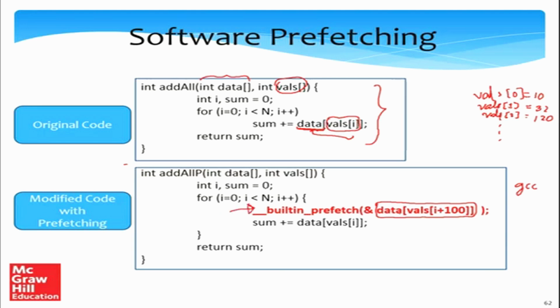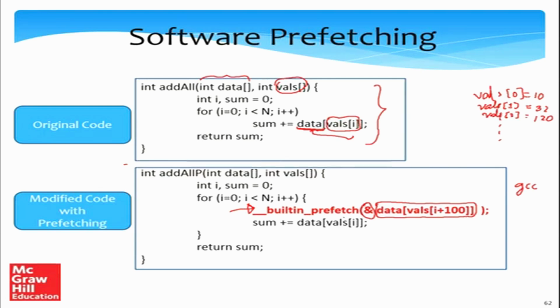The way this works is that we send a pointer to it. The & operator in C essentially creates a pointer and gets the memory address. So we get the memory address of this element and send it to the memory system, such that from the lower levels of the memory system we can get the data back up to the upper levels.